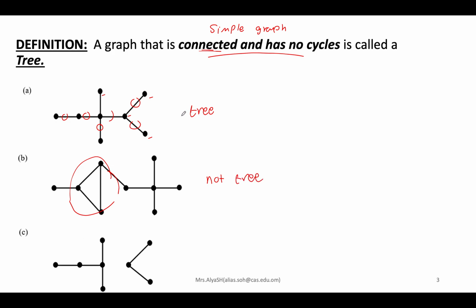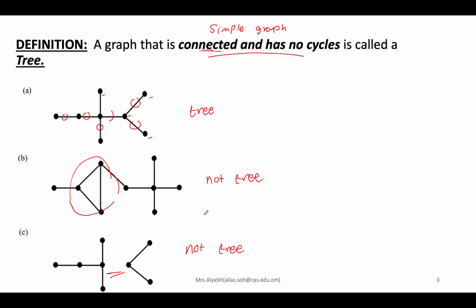One more example. We've also got here a vertices and an edges. However, it is not connected. There is no connection between those two vertices, which reflect that also this graph is not a tree.